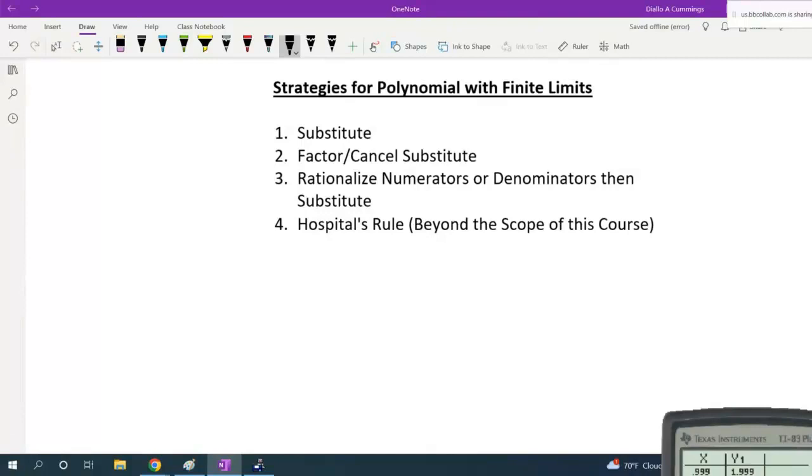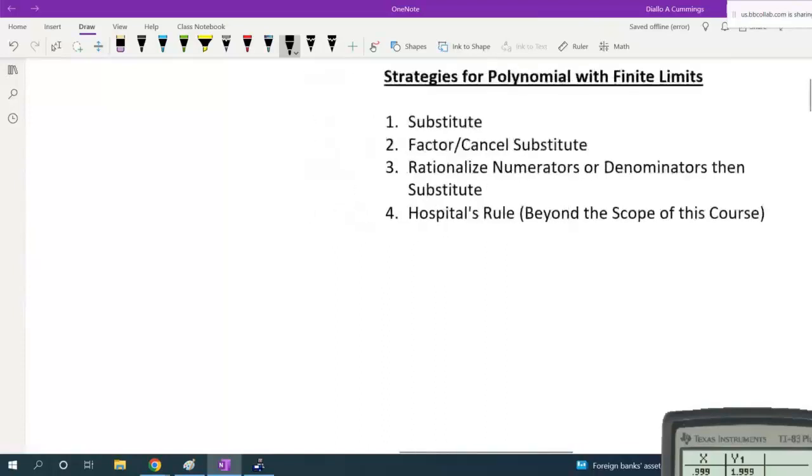The first thing you'll do is substitute that constant into your function. Second strategy is to factor, cancel, then substitute. The next is to rationalize any numerators and or denominators, then substitute. And the fourth strategy is to use something called L'Hopital's rule, which is beyond the scope of this course.